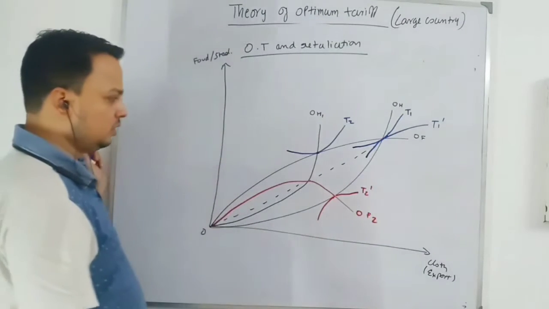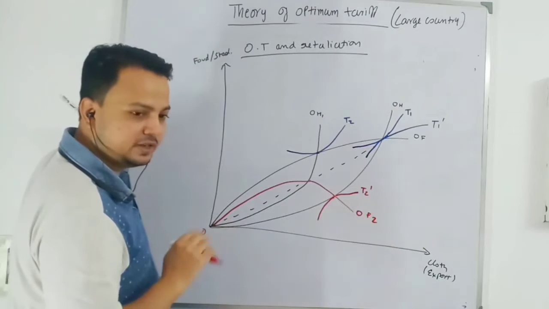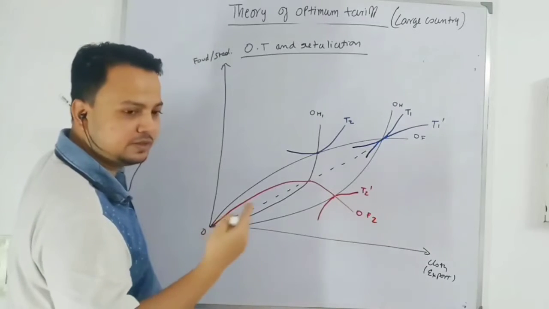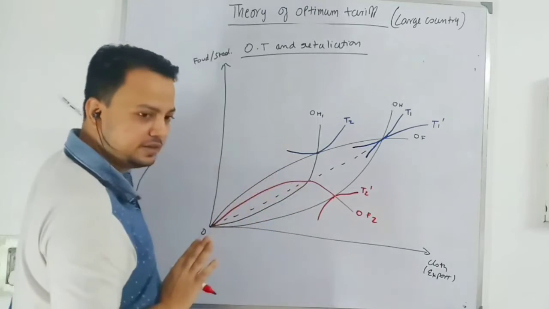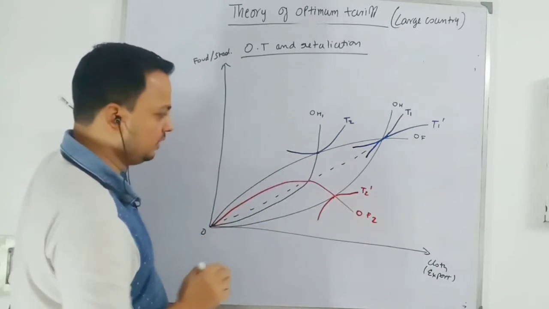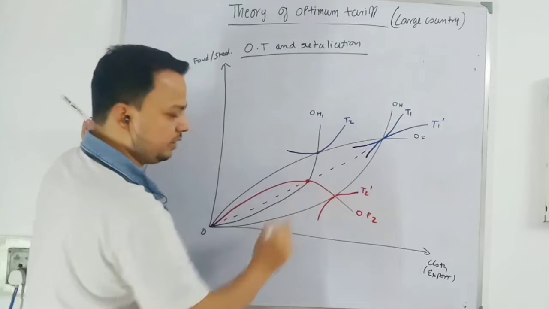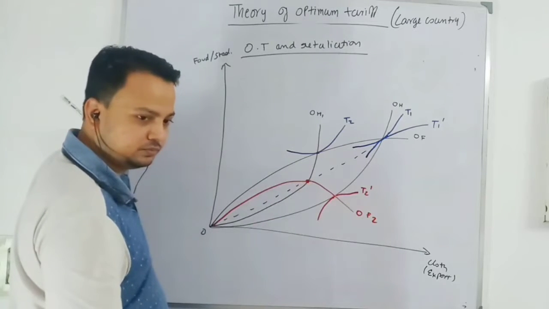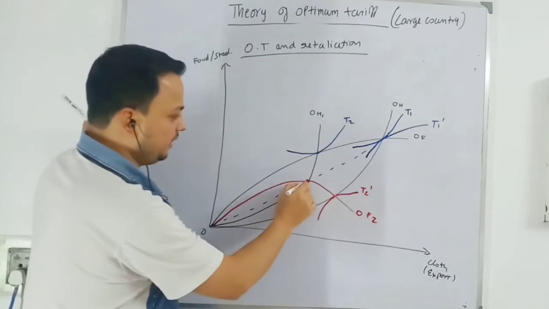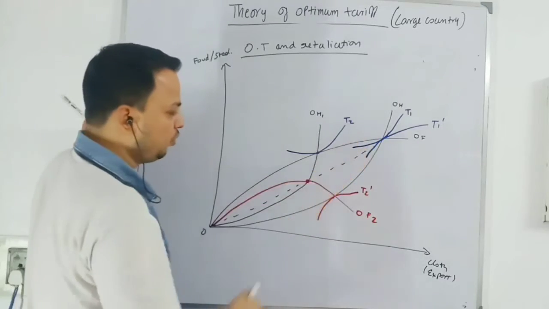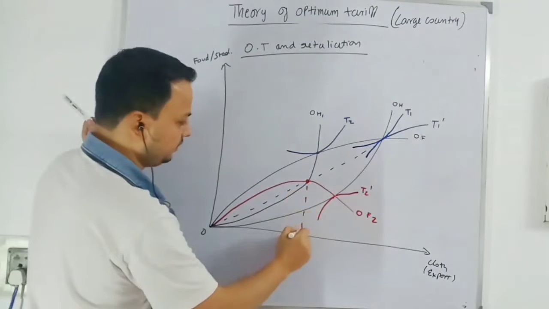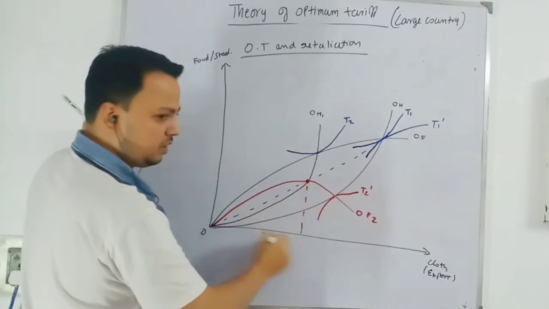Now if both countries are setting optimum tariff, or you could say one country is retaliating, given that the home country has set the optimum tariff, what will we see? Look at this point. What happened here? For the same terms of trade, the volume of trade has come down.